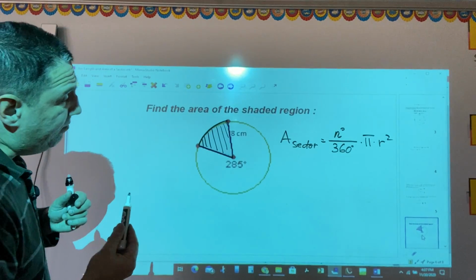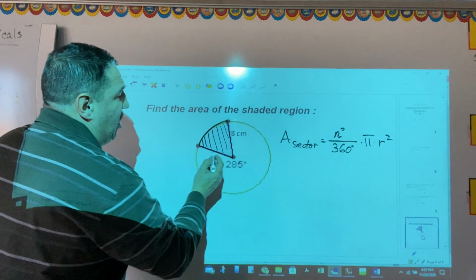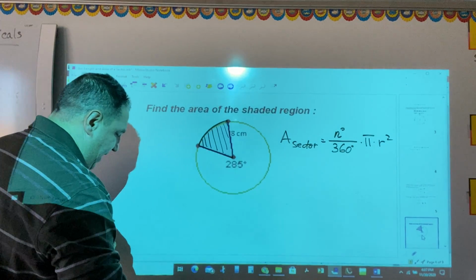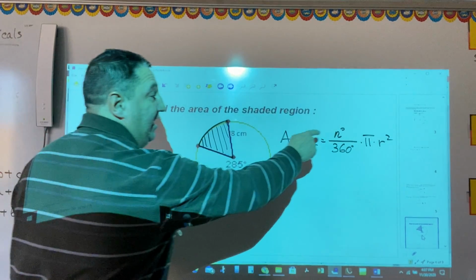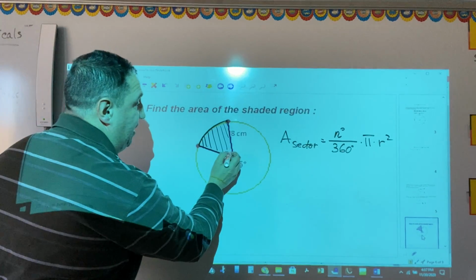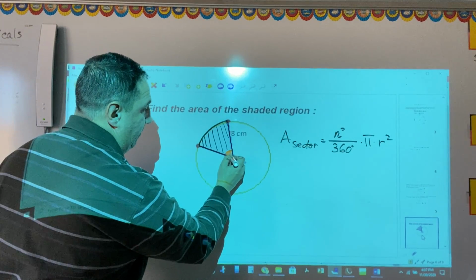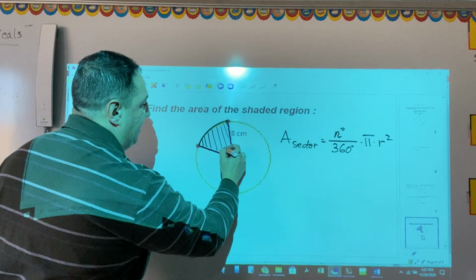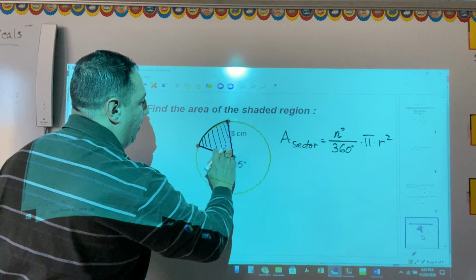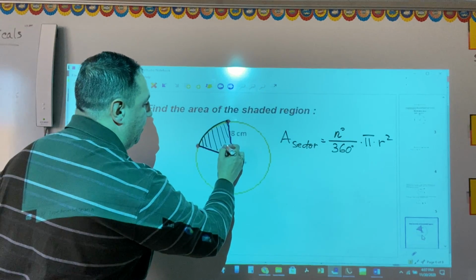Good. Now, in this case, we need to find the measure of the central angle, which is this one. Yes, this is n.